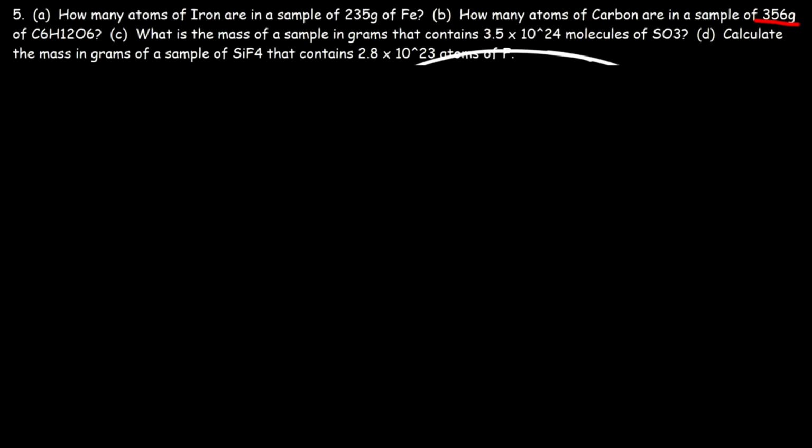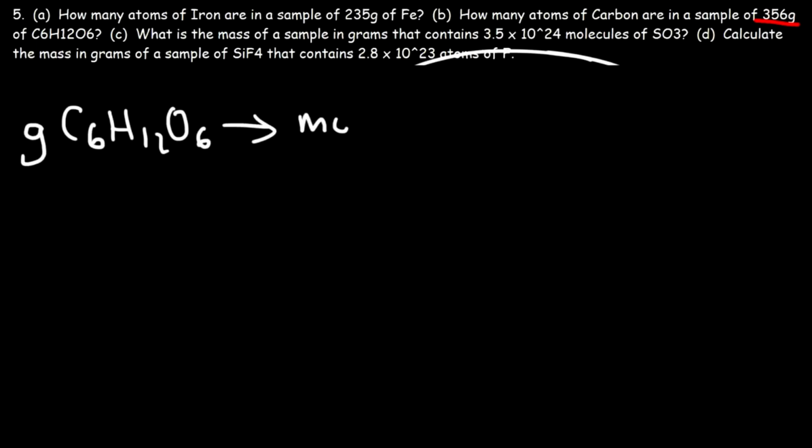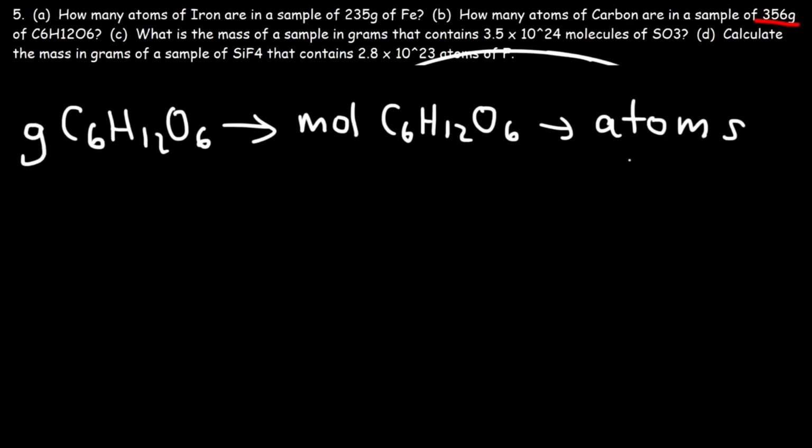So let's begin. Well, first, let's write out a map of what we need to do, or an outline. We're going to start with the grams of C6H12O6, and then using the molar mass, we're going to convert it to moles. And then once we have the moles, we could convert it to the atoms of glucose.